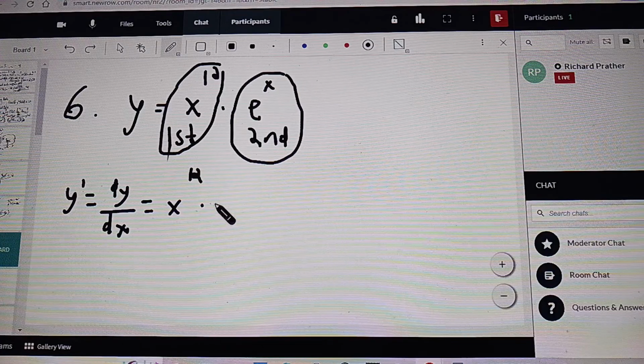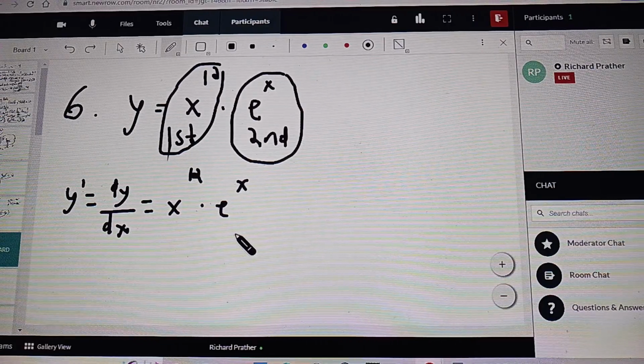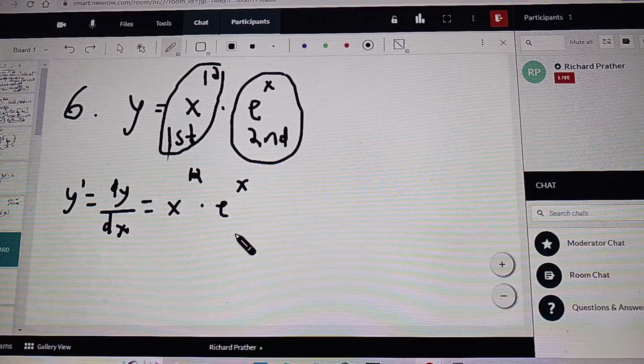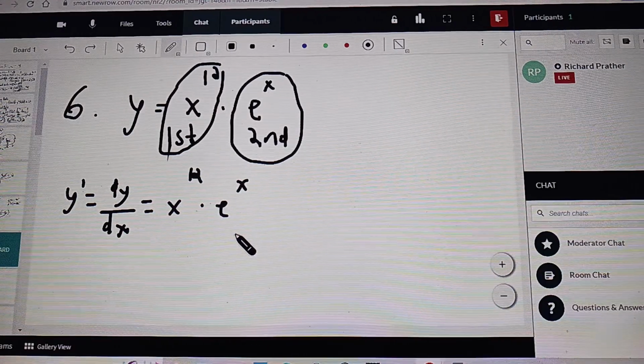Well, the derivative of e to the x is itself. That's the easiest one of them all. The derivative of e to the x is literally e to the x. The ln of e won't matter, and the derivative of the exponent won't matter because the derivative of x is 1. So the easiest exponential of them all, they're all easy, but the easiest one is e to the x. It's the only one that stays exactly the same as the original.